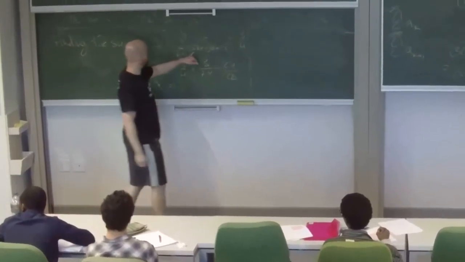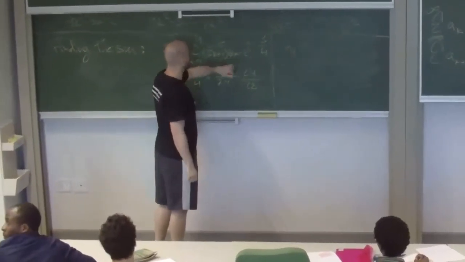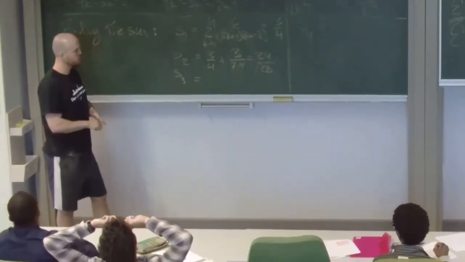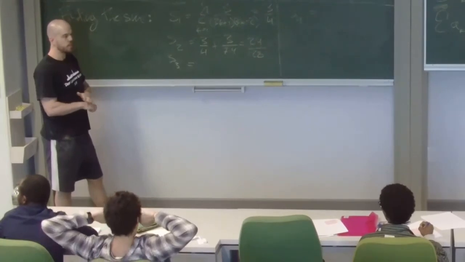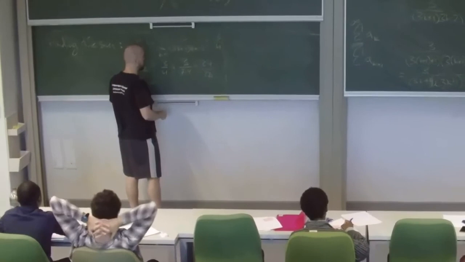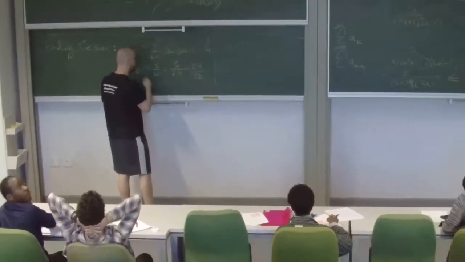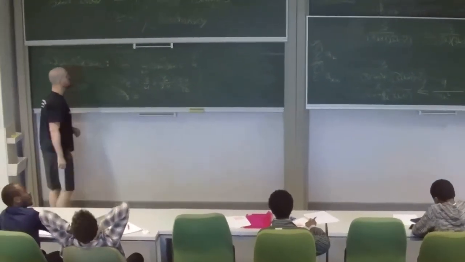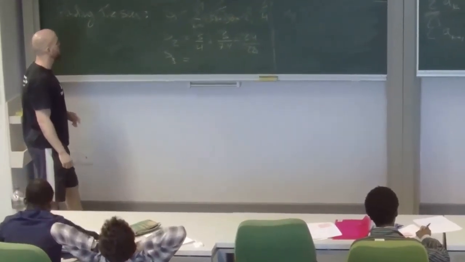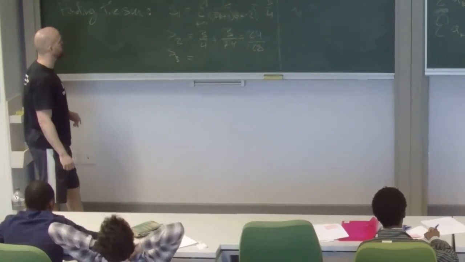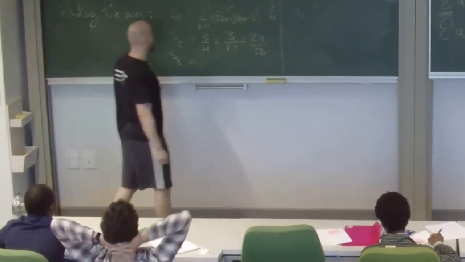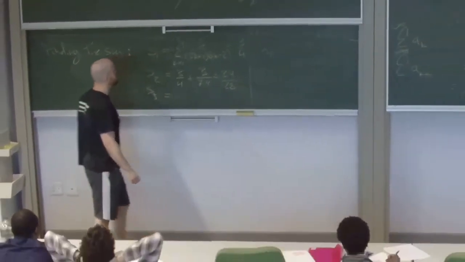Did I make a mistake here? So we put in 2, we got 7. We put in 2, we got 4. Okay, so what's the next one? Sorry, I'm just checking over because it's going to go quite badly if we have an early mistake.